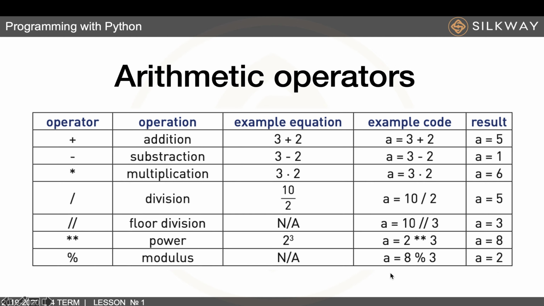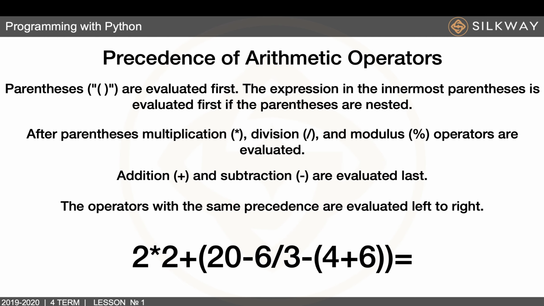Okay, let's do some examples. I forgot about precedence of arithmetic operators. Precedence is the same as in algebra. First, everything inside the parentheses is evaluated. Then we evaluate multiplication or division, and in programming we also evaluate modulus or floor division.